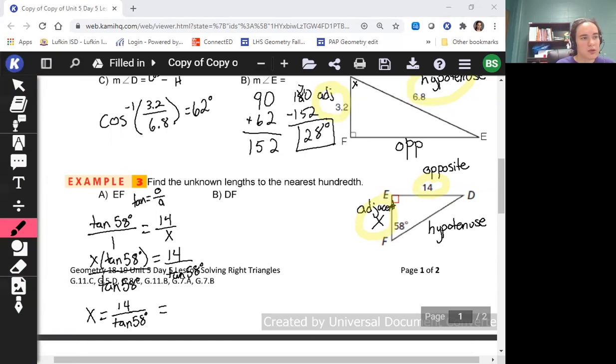I know we're in degree mode because it says degree up in the right-hand corner. Press enter, 8.74817, and we are rounding to the hundredths place. The hundredths place is the second place after the decimal, and what's after that is an 8, so we are raising our score. So we have 8.75.